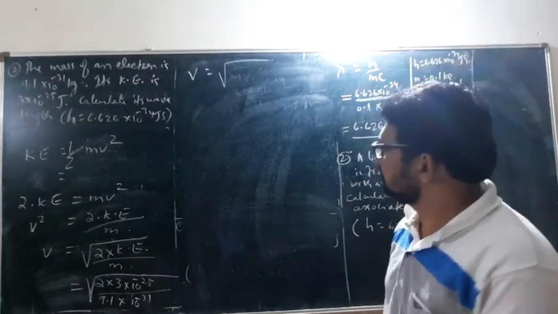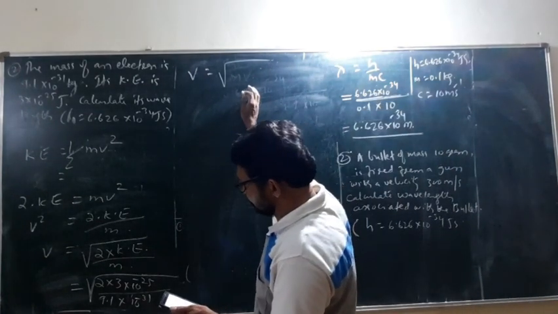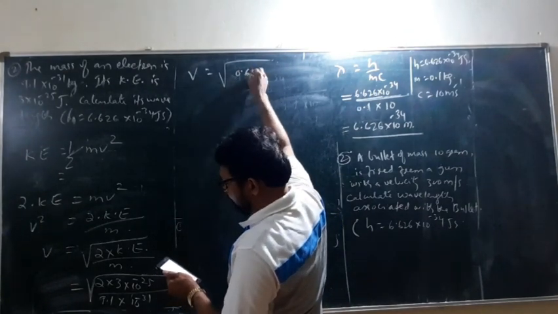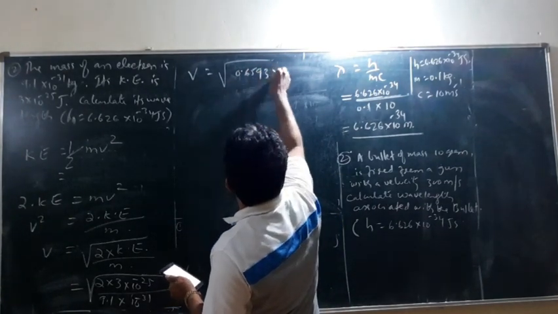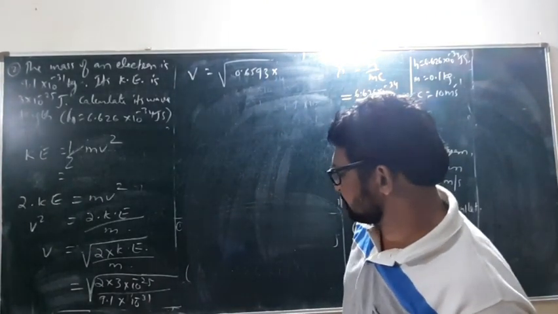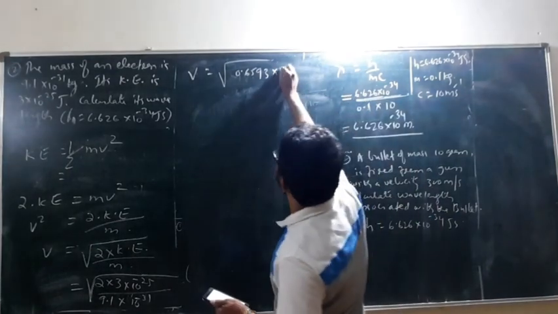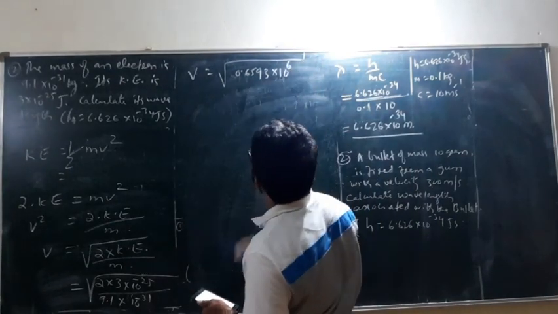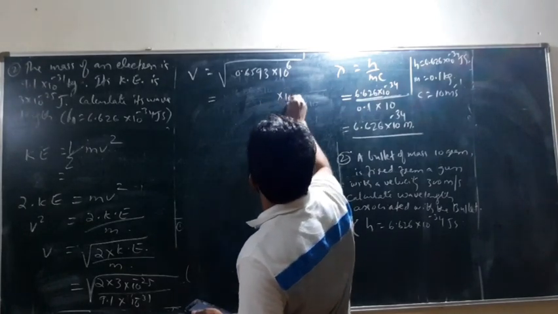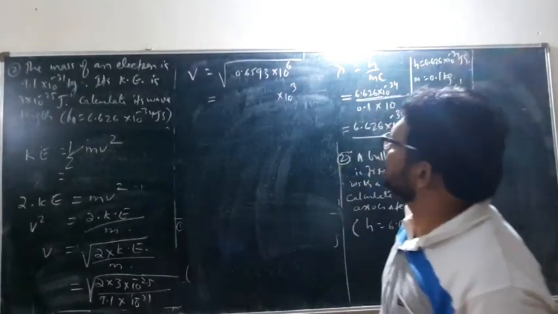The answer is 0.6593, and the 10 raised to minus 31 goes to the numerator as plus 31, giving 10 raised to 6, so 10 raised to 3 outside the root.